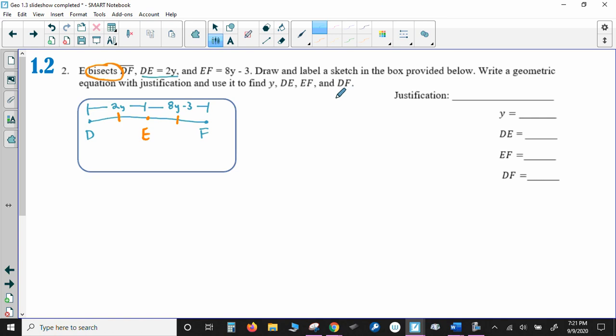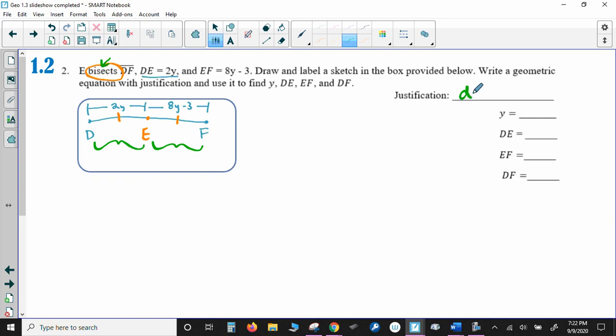And I'm not going to actually do this for you, but chances are pretty good that you didn't think about how important the word bisect is. Because if it bisects it, it cuts it exactly in half. So doesn't that mean that this right here is the exact same length as that right there? So that's the key to getting started there. And your justification is the definition of bisect.